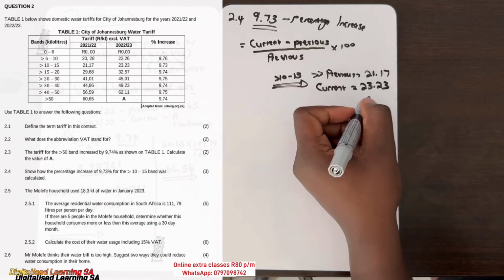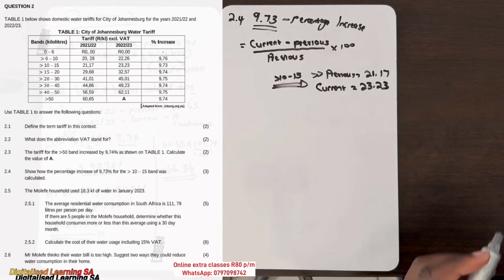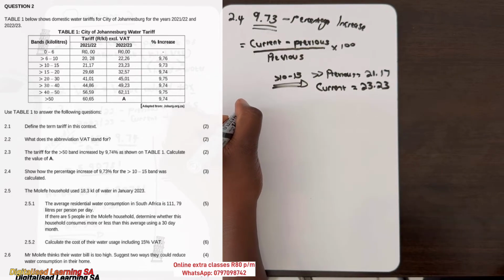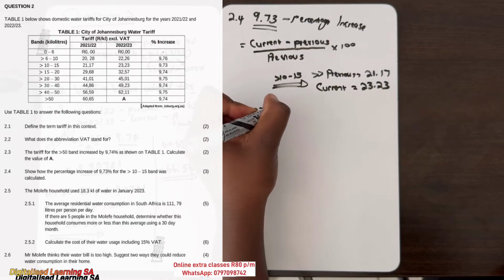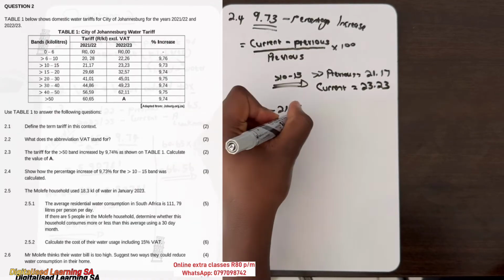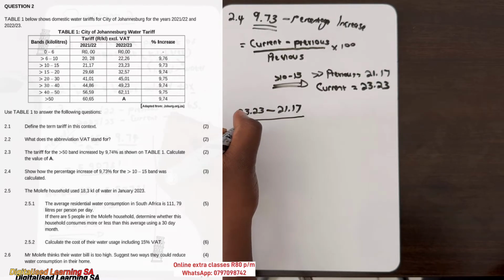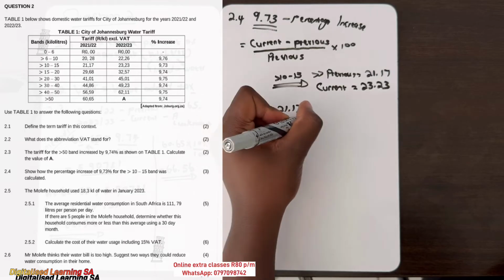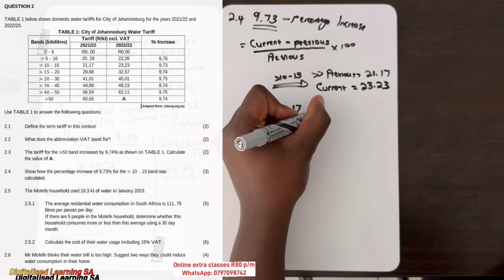So now you just take these two and plug them into the formula. So our current is 23.23 minus our previous, which is 21.17, divided by our previous, which is 21.17, multiplied by 100.